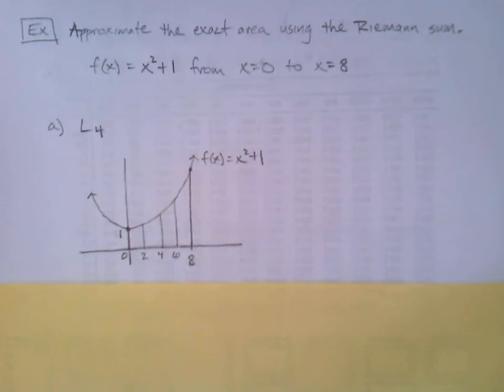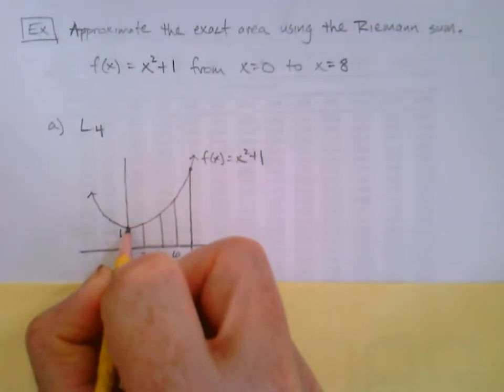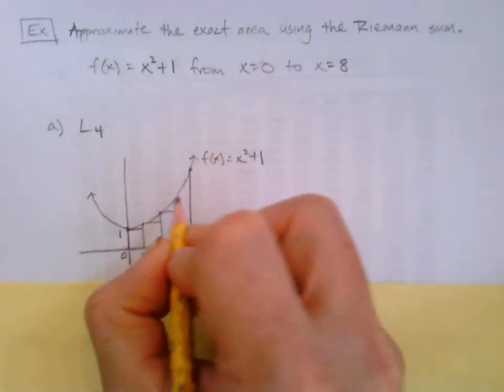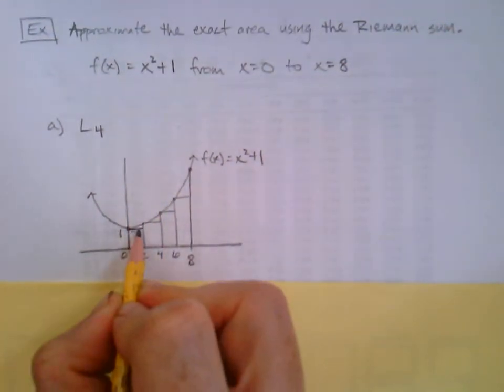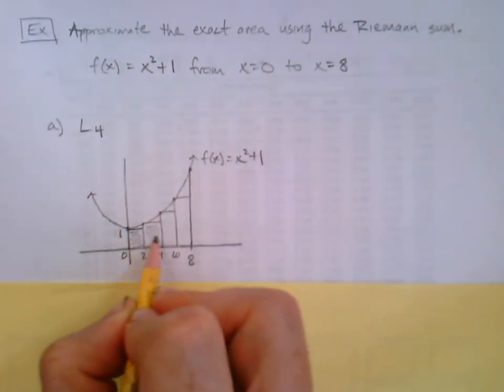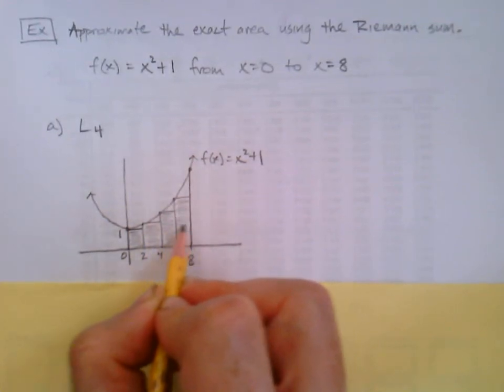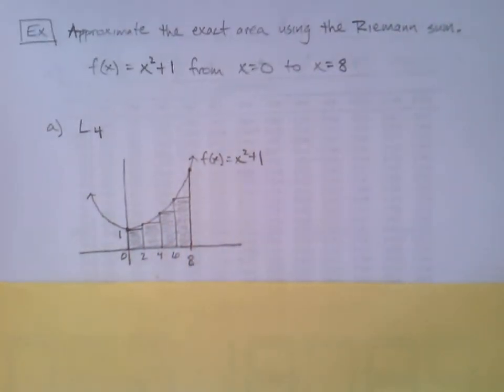Okay, then they're asking, so that's the 4, then we want the left, so we'll draw the heights there on all of the left sides, and my drawing is not perfect, but I think you get the idea. We're going to find the areas of these 4 rectangles and add them together, and that's going to be our approximation. Literally all we're doing is adding the areas of rectangles in this section.